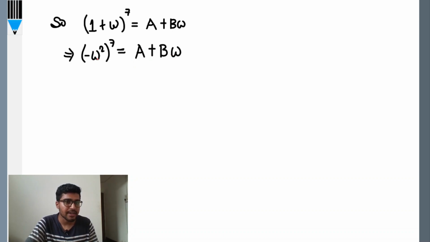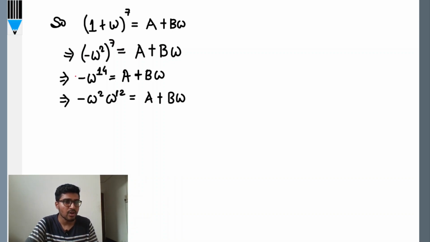This is an odd power, so the minus will remain minus: minus omega to the power 14 equals a plus b omega. Omega to the power 14 is omega to the power 12 into omega square.